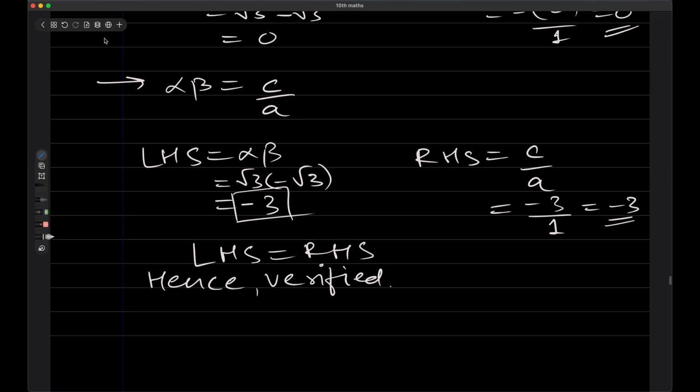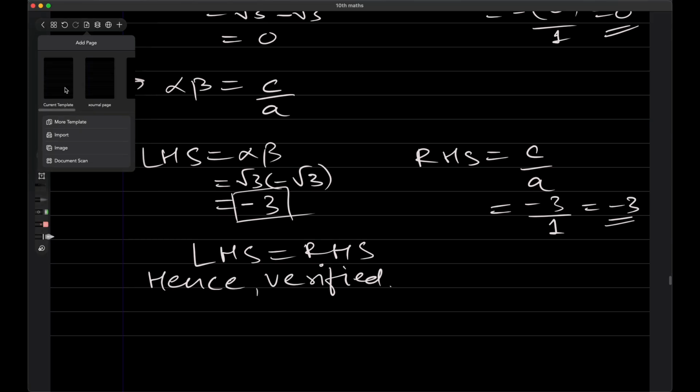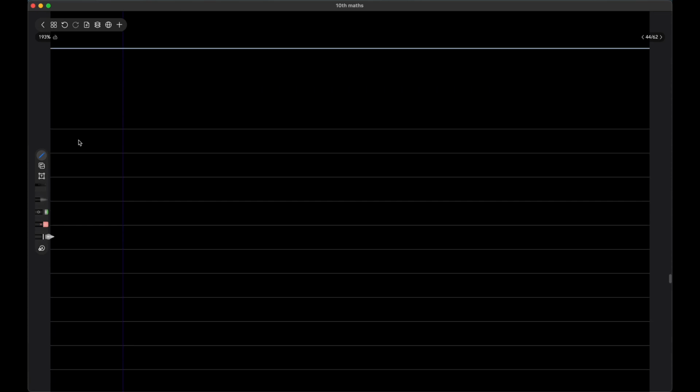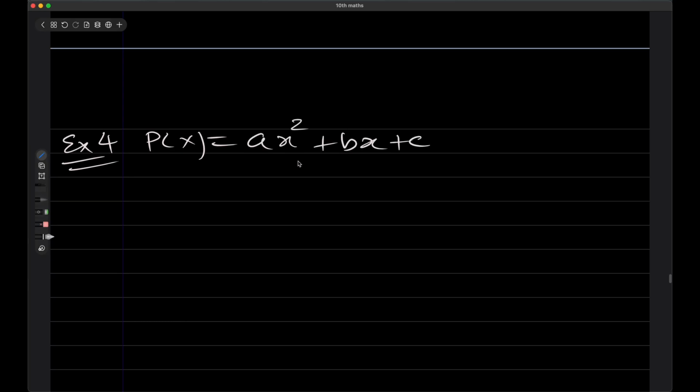Let us see example 4. Example 4 is find a quadratic polynomial p of x. We have to find the p of x, that is ax square plus bx plus c. We are given the sum and product of zeros of polynomial as minus 3 and 2.